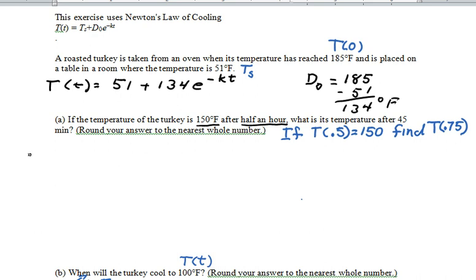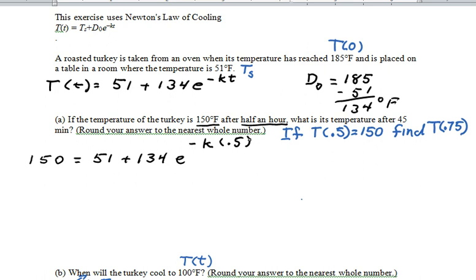So first of all, knowing that T of 0.5 is 150, we can replace the T of t with 150. So we get 51 plus 134 e to the minus k times t, which in that case is 0.5. So being given this gives us the ability to find the value of k and then use that to find the temperature after 3/4 of an hour.